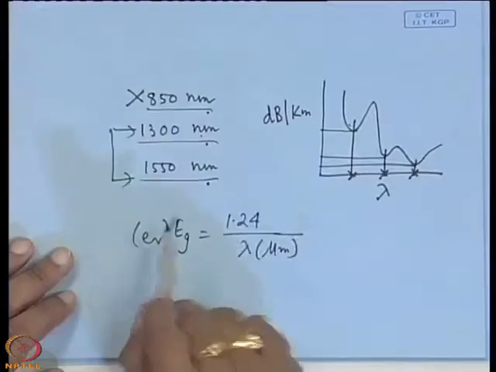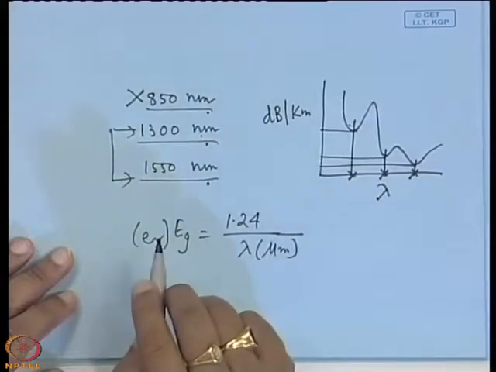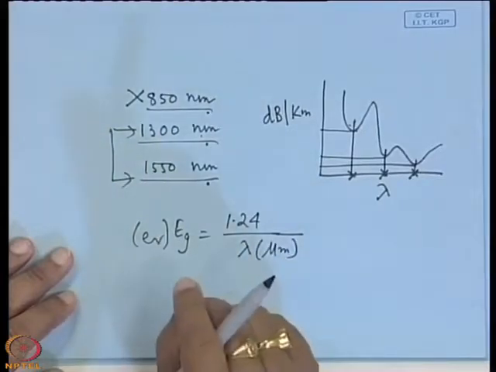Then there are some constraints also. One constraint is that these type of semiconductors are all epitaxial layers, because a device is made out of epitaxial layers only. A device cannot be made from bulk crystal. You will find that devices are always made of epitaxial crystals.